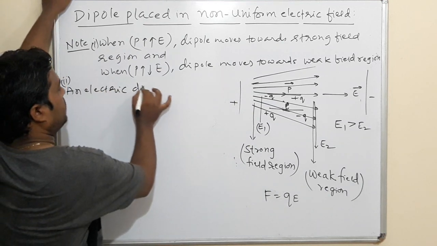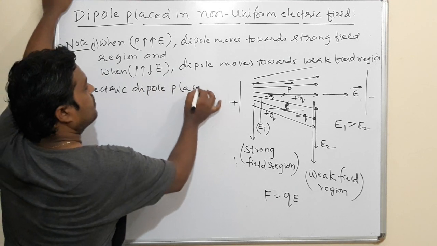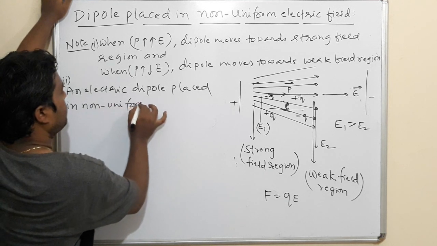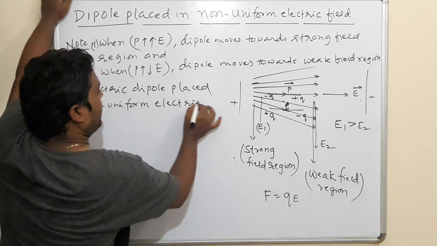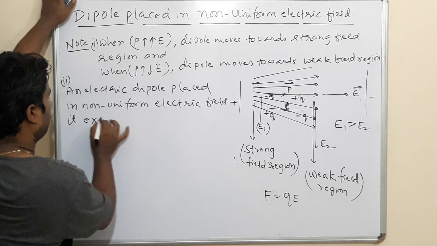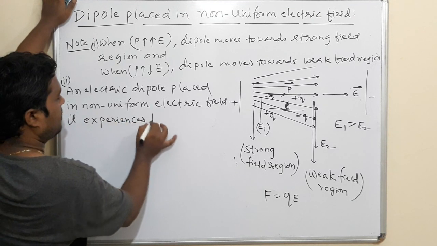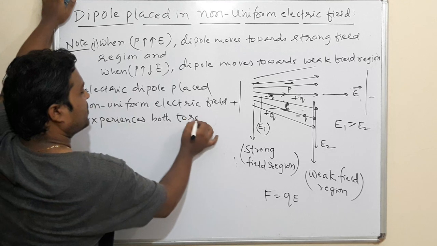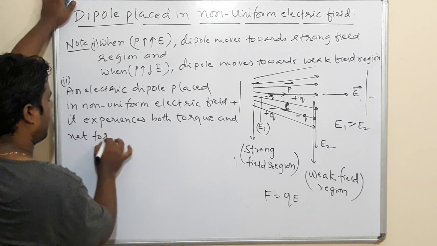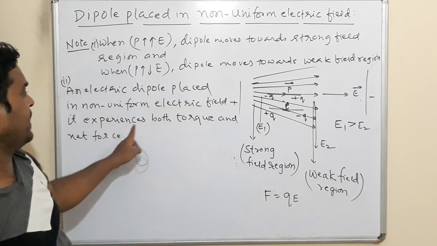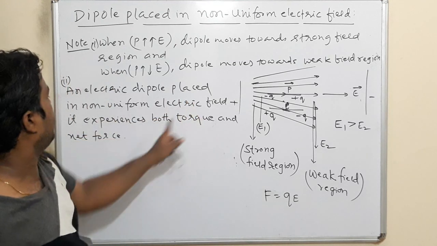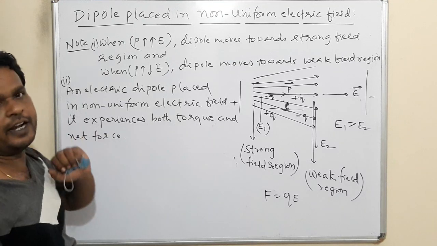An electric dipole placed in a non-uniform electric field experiences both torque and net force. A dipole placed in a uniform electric field will experience only torque, but net force is 0. A dipole placed in a non-uniform electric field will experience both torque and net force.